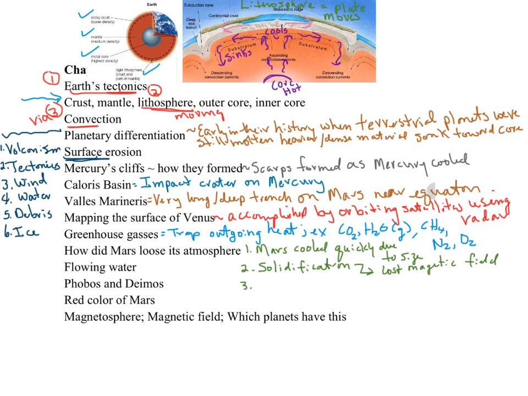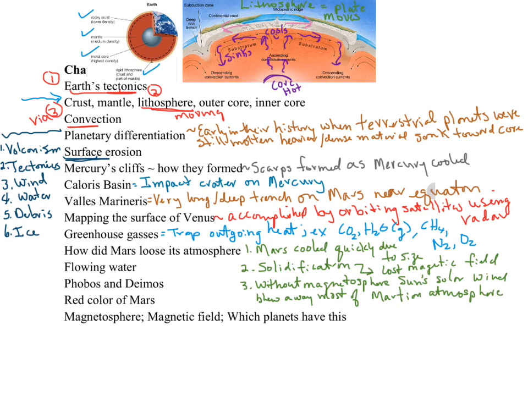So it couldn't create that magnetosphere. And the third and final nail in the coffin was that without that protective magnetic field, the sun's solar wind blew the Martian atmosphere down the road.